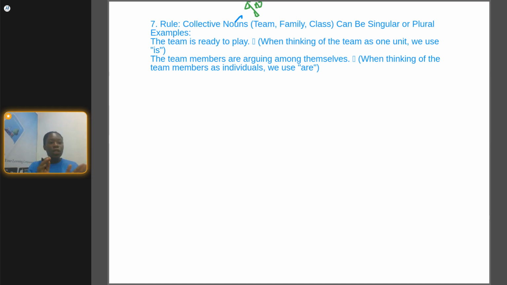But once you dismantle them from being a group, then you use the plural. So is is used when they are in the singular form, when you see them as a group, and are is used when you dismantle them, when you see them as individuals. So that's what this rule basically says. Okay, so for collective nouns, whatever collective nouns you have, we have different kinds.